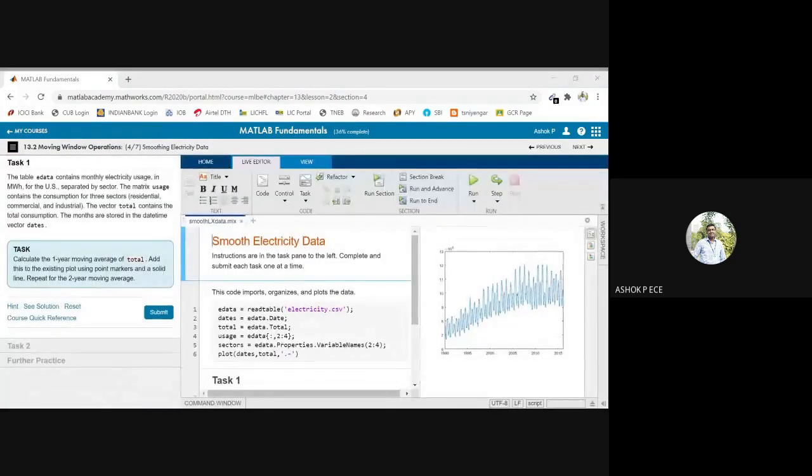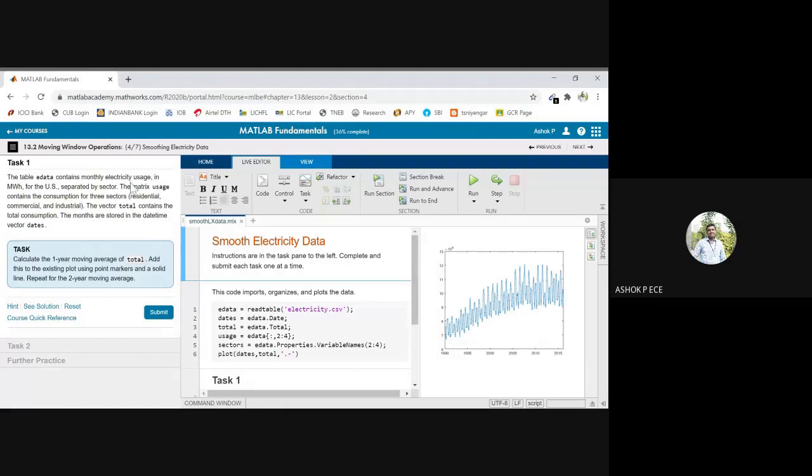So how are we going to smooth? This data is very harsh, and it has sharp edges, right? So I am going to smooth the data using whatever functions MATLAB provides. See here, this data contains the monthly electricity usage in the US separated by sector.